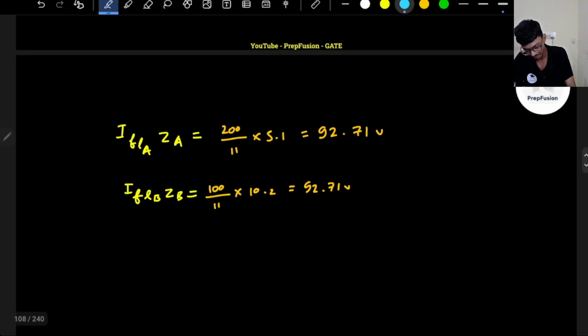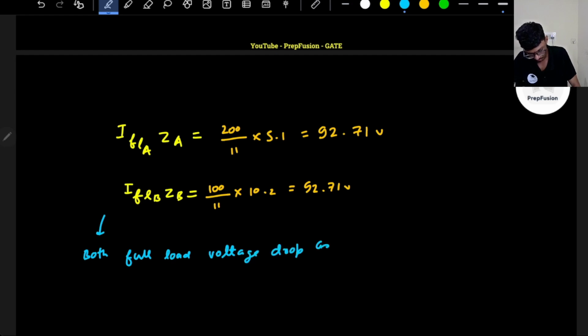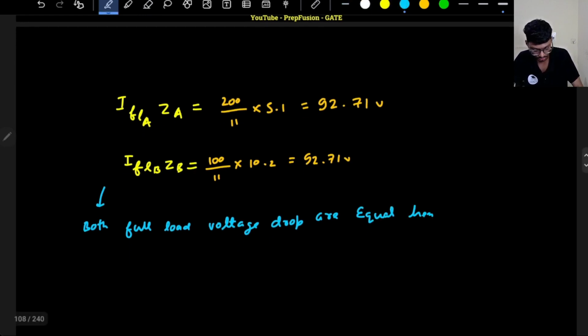Both full load voltage drops are equal, hence both will operate in rated condition.